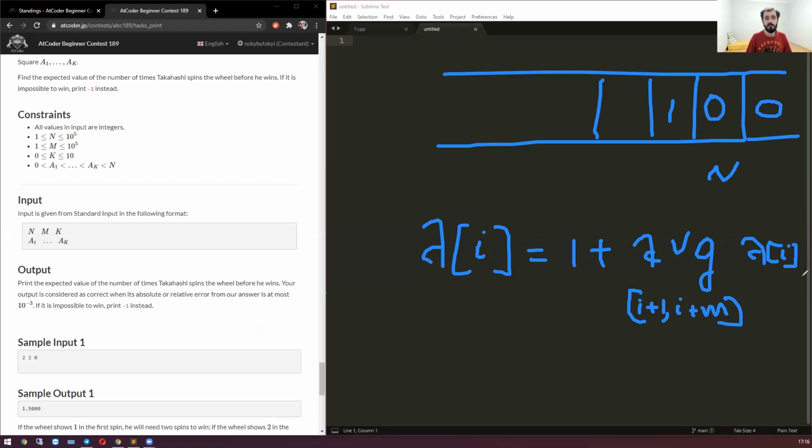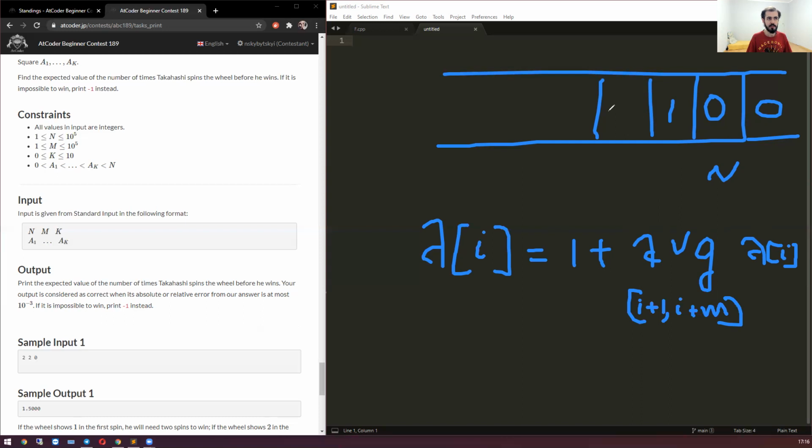And it's also better to maintain the sum to avoid some precision issues. I mean, after problem B, we already understand that it's better to avoid precision issues.